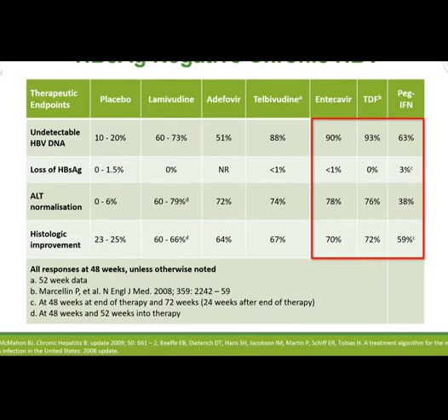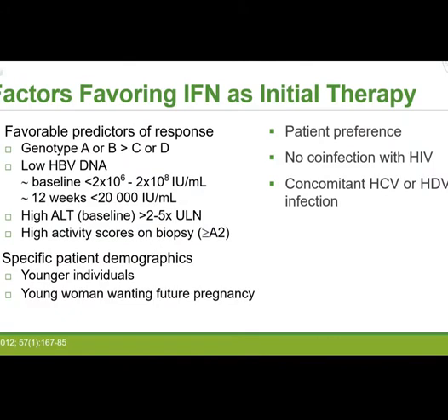Undetectable hepatitis B virus DNA with entecavir, tenofovir, pegylated interferon; loss of surface antigen, not very significant; normalization of ALT; histological improvement. These three parameters which we achieve with these medications fulfill our goal of keeping the viral load in the liver undetectable, and hence the patient may not develop cirrhosis or hepatocellular carcinoma.